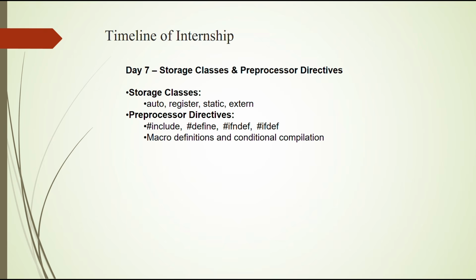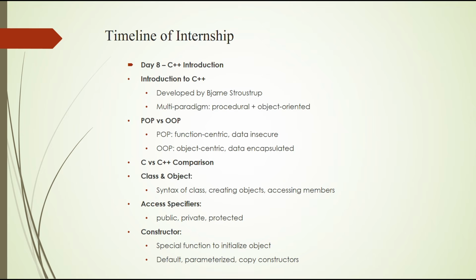Storage classes are of four types: auto, register, static, and extern. And preprocessor directives are the ones which include various types of functions and statements, like #include, #define, macro definition, and conditional compilation.